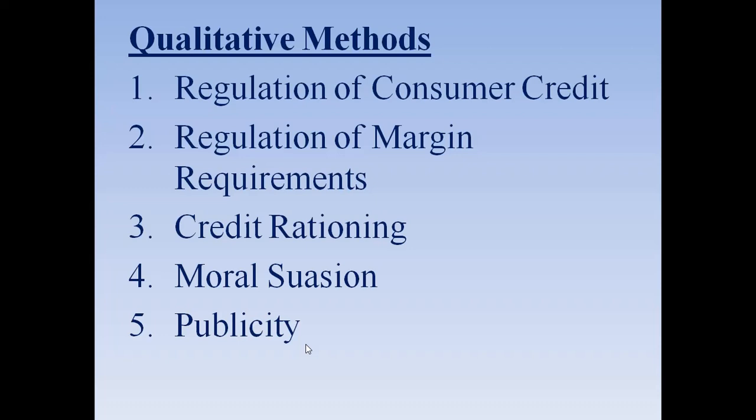Now the banks will keep a margin. They will not give you a loan equal to the asset value you have kept as mortgage. The bank will give you a loan of rupees 1,50,000 or 1,70,000 or 1,80,000, but not equal to your asset value. So this is the qualitative method regarding the regulation of margin requirement.